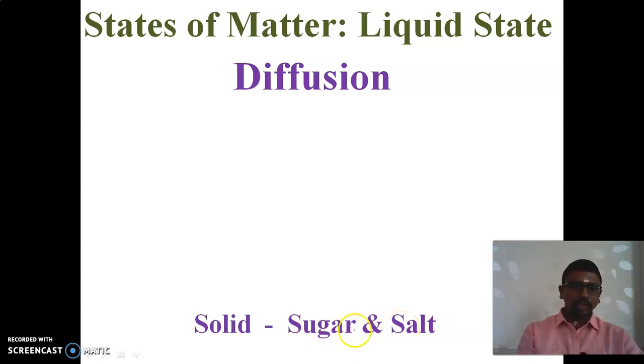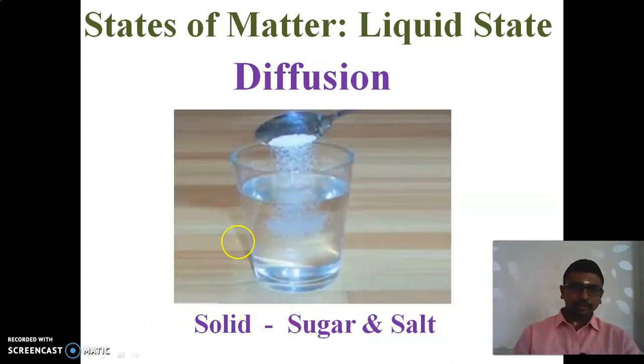Which state are salt and sugar in, children? They are in the solid state. When we mix salt or sugar in the water, it will dissolve. This is known as diffusion. What is the definition of diffusion? The intermixing of particles is known as diffusion. So here the salt particles or sugar particles are dissolved in the water.